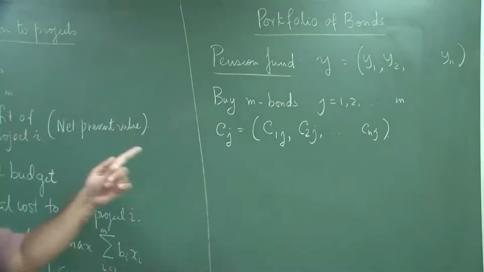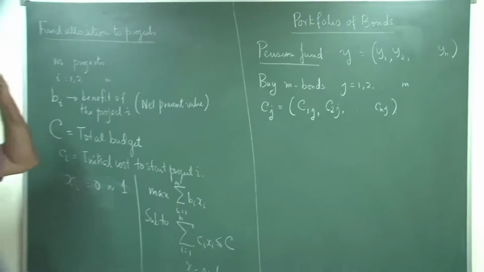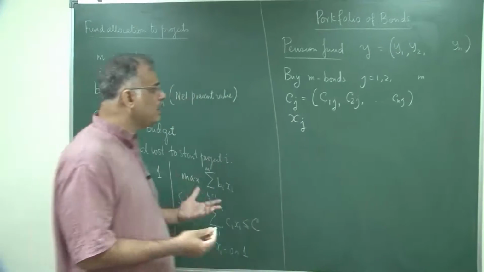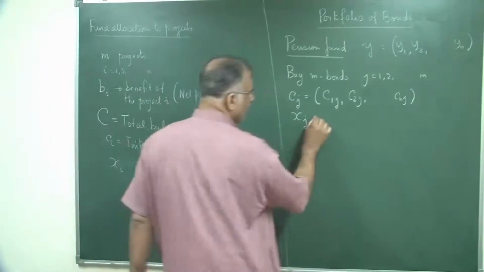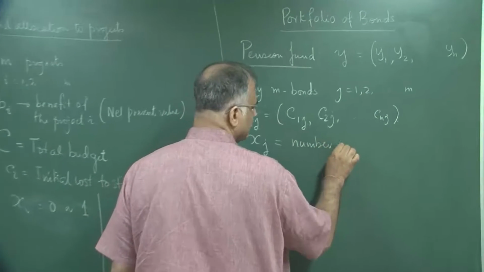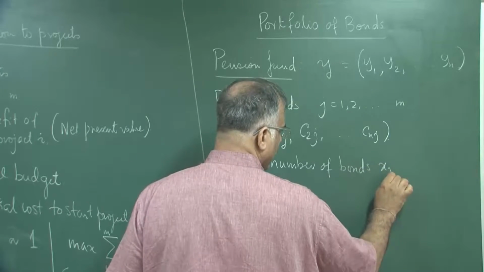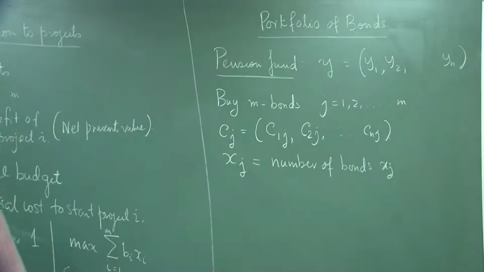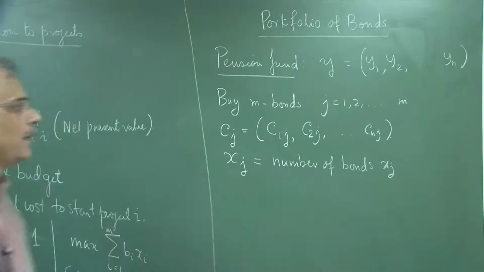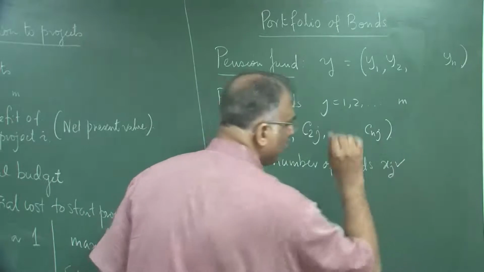So this is my cash flow given by the bond J. My question would be, what is the number XJ of bonds I should buy? That is exactly the question that I really have to answer.